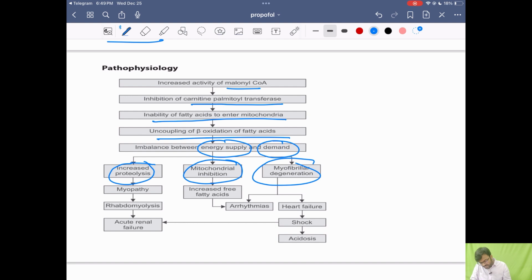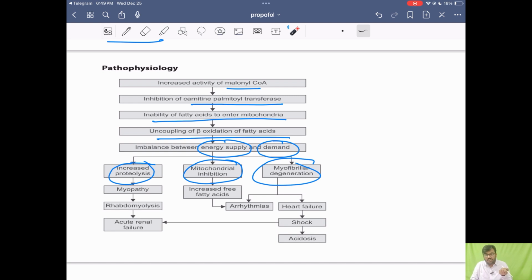Because of increased proteolysis, protein breakdown occurs. This further leads to myopathy or rhabdomyolysis, which is secondary to proteolysis due to the energy supply mismatch. And if there is rhabdomyolysis, we all know it will progress to ARF, acute renal failure.